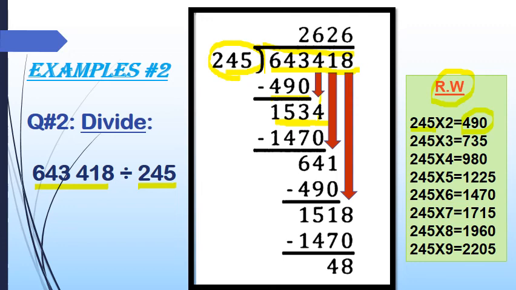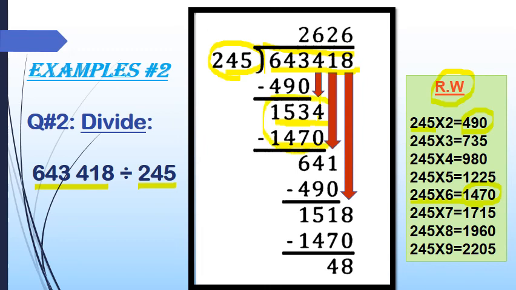So when does 1534 come in the 245 times table? We don't get 1534 in the 245 times table, but we have 245 times 6 is 1470, which is smaller than 1534.